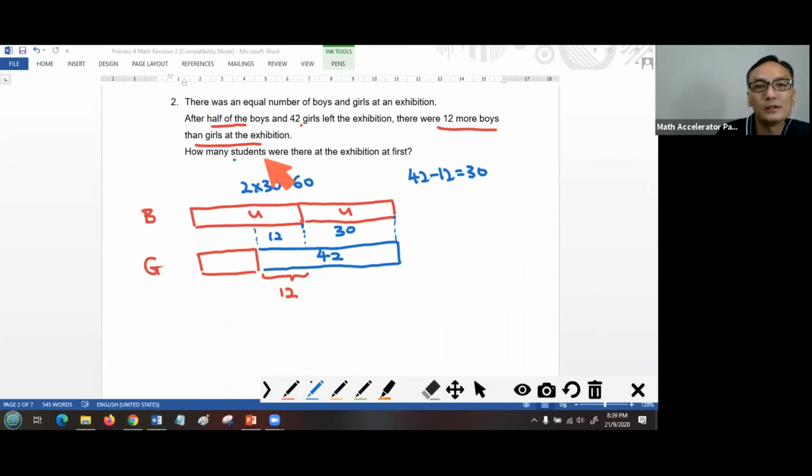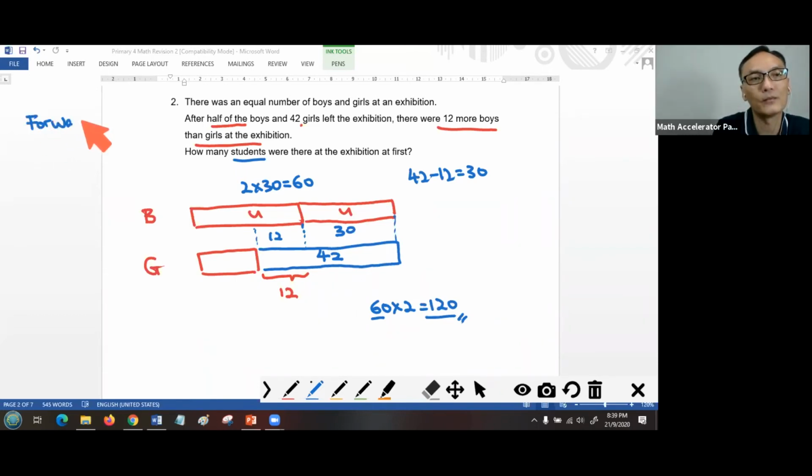So students at the exhibition will be 60 times 2, because boys 60, girls also 60. Then we will get 120 as our answer. Okay, so I did 2 methods. One is working forward. One is working backwards.